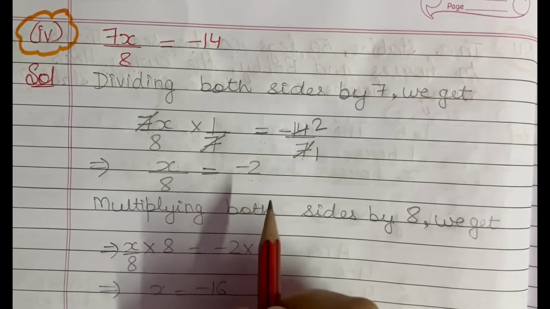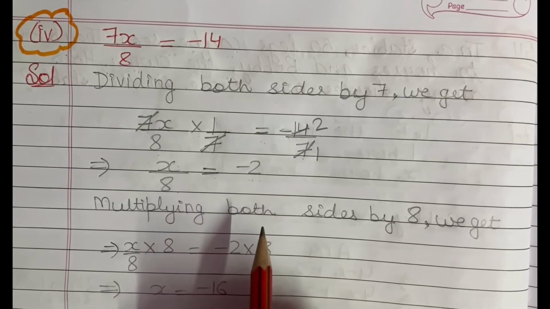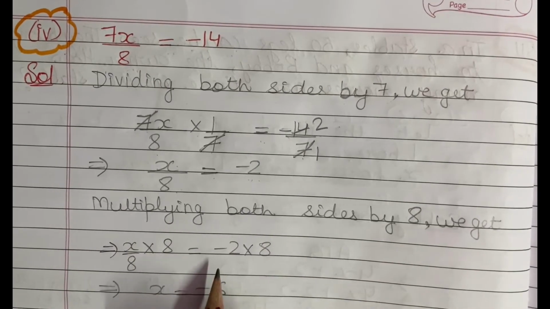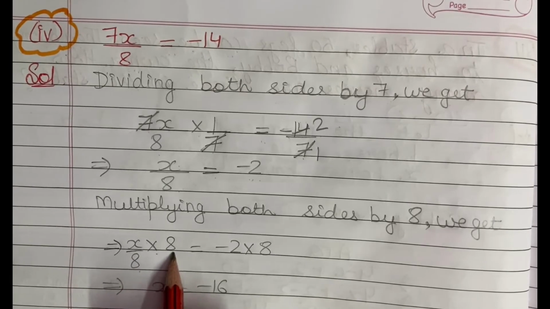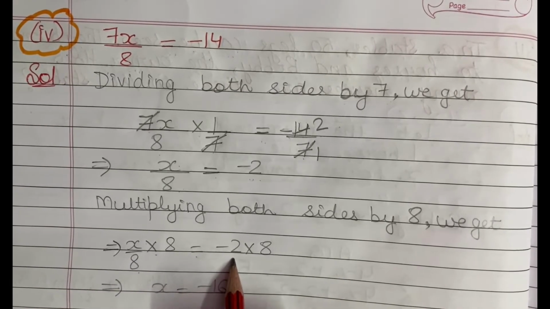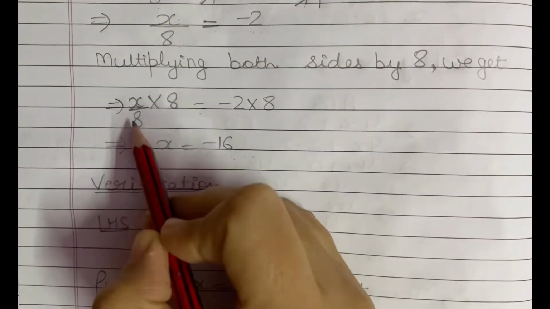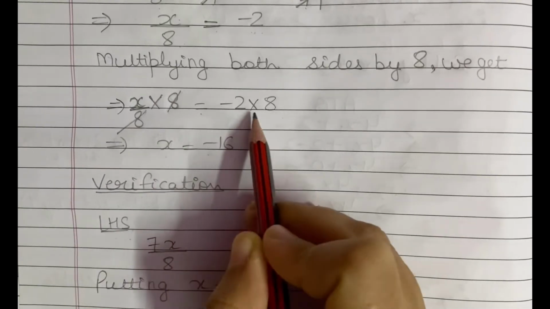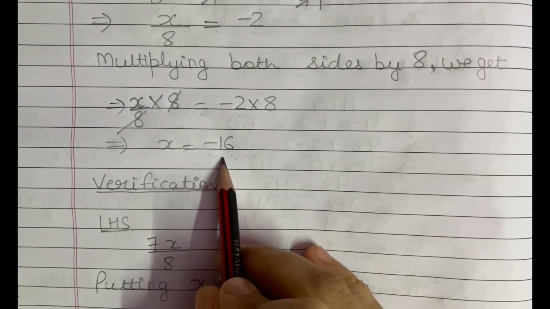Now in the next step, in order to be left with only x, we will multiply both sides by 8. And on doing so we will get x upon 8 into 8 is equal to minus 2 into 8, and on solving this 8 and 8 will be cancelled out in the LHS, and in the RHS we will get minus 2 multiplied by 8 is equal to minus 16.